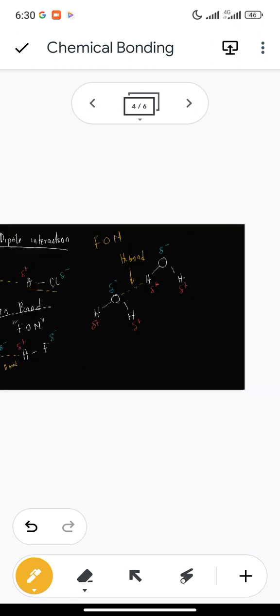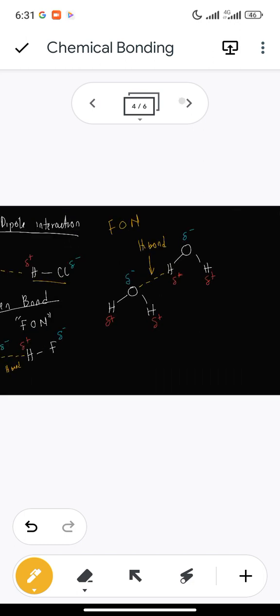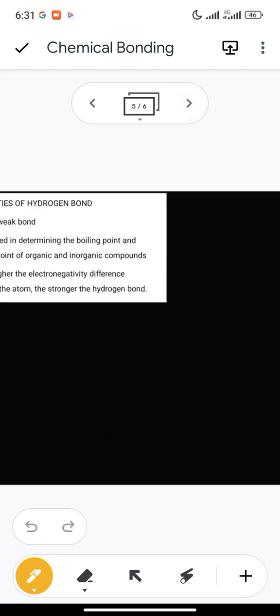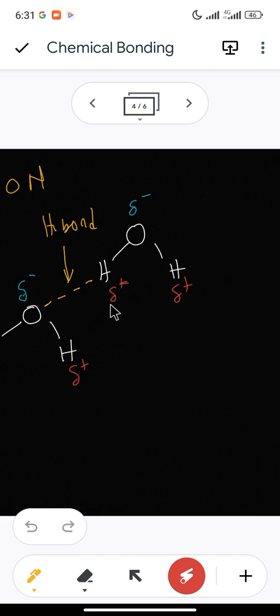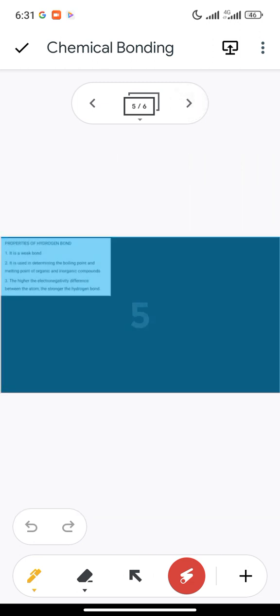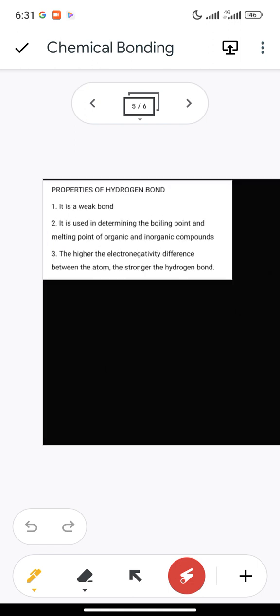Now we are going to talk about some of the characteristics of this hydrogen bond. The first characteristic of the hydrogen bond is that it is a weak bond. Yes, it is very, very weak. Second, the hydrogen bond helps in the determination of the boiling point and melting point of organic compounds. If the hydrogen bond is very weak, you can easily break down the molecule, you understand? And that's why you can easily determine the boiling point of various organic and inorganic compounds.